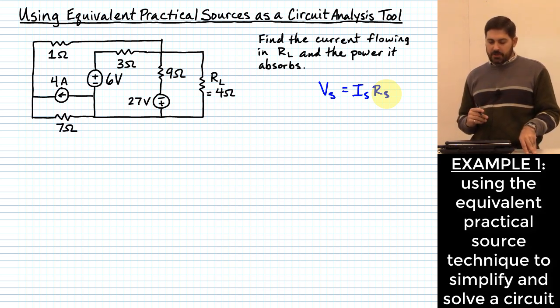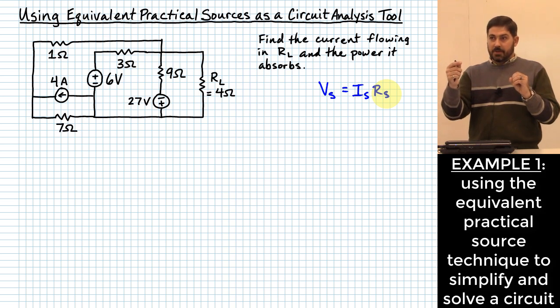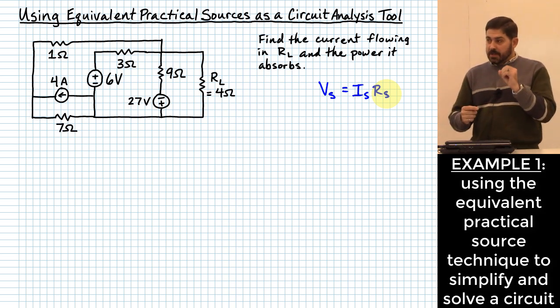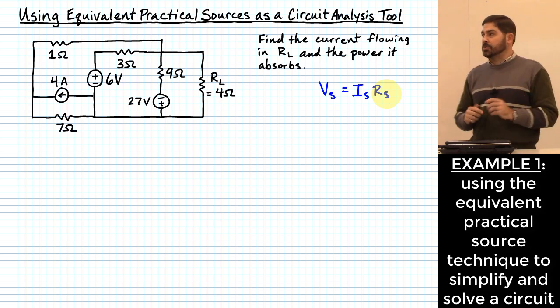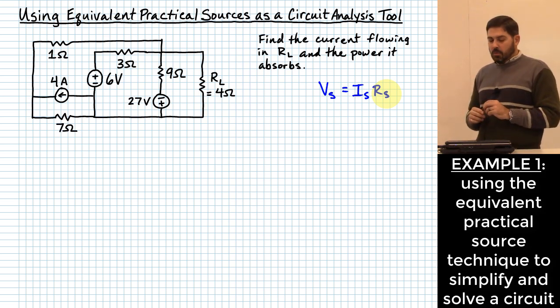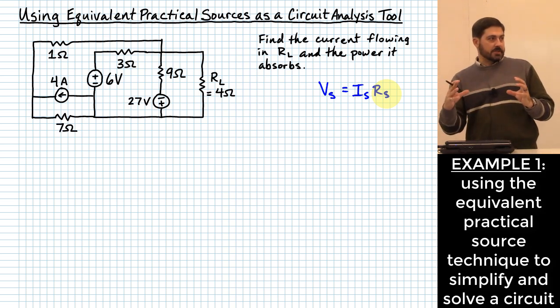Okay, what does a practical voltage source look like? It's an ideal voltage source in series with a resistance. Okay, so anytime we see an ideal voltage source in series with a resistance, you can say, that's a practical voltage source, right? What happens if you see a current source in parallel with a resistance?